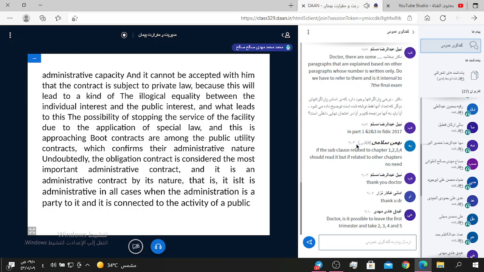Administrative complexity, and it cannot be expected that the contract is subject to private law, because this will lead to a kind of illegal equality between the administrative and public interest, which leads to the possibility of stopping the service.